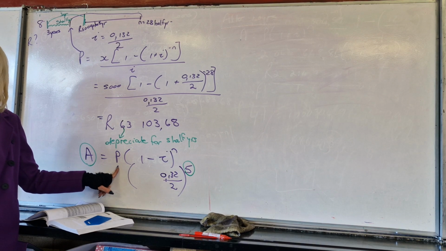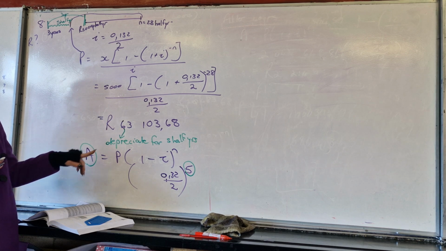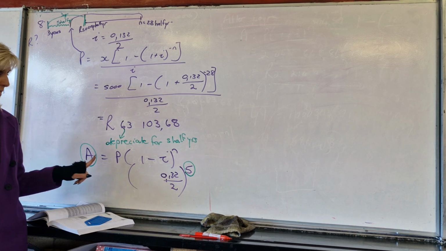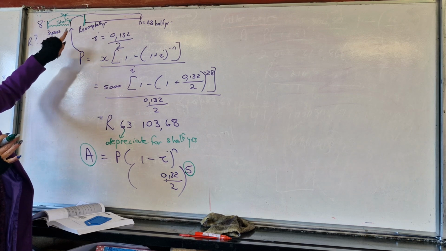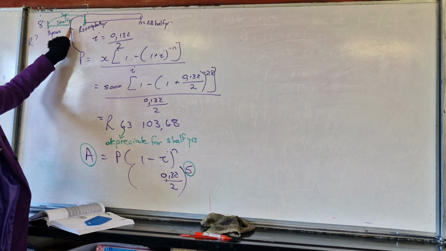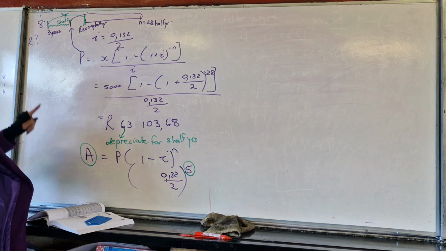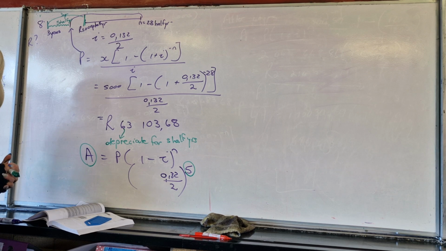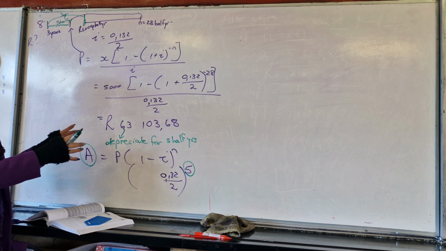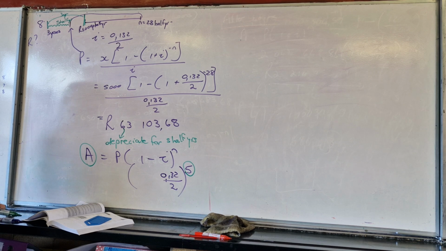Unfortunately, there's nothing we can do about it because this is also P now. That was P, but don't think about it like that. This is the starting amount, depreciating backwards to here. Where must I write the 63,106? Is it the A? Is it the P? The P.